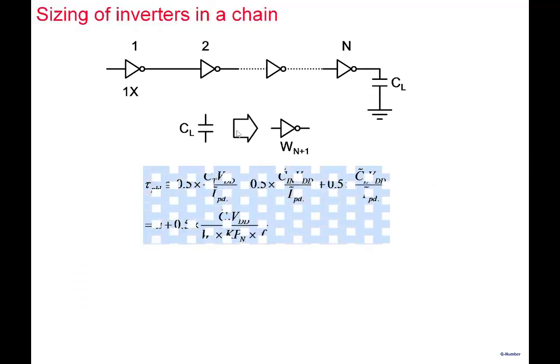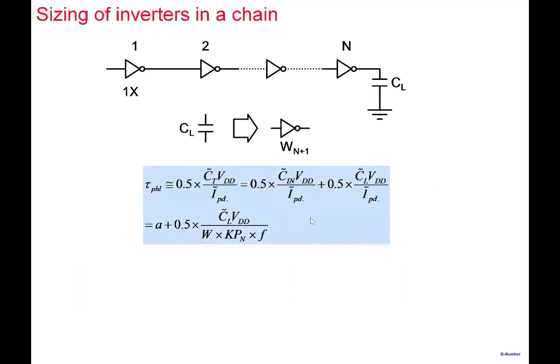Okay, so let's go back to our delay model here. Tau PHL or tau PLH are the same. So our delay was 0.5 CT, the net capacitance, times VDD by the pull down current. Pull down current or pull up current is the same. We are talking about a balanced inverter with pull up strength and pull down strength the same here.